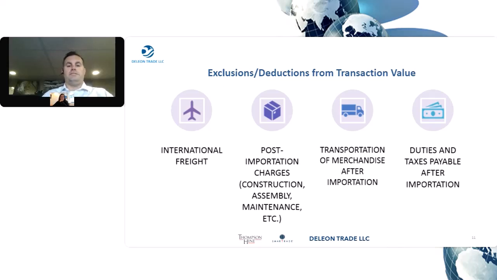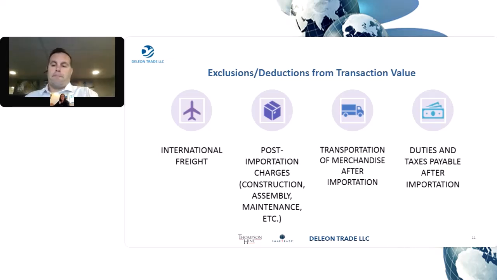We most often see this in project-based imports, where what you're importing is maybe a plant or a gigantic device of some kind, where part of the price includes assembly and maintenance and putting together that piece of equipment in the U.S. after importation. If you can break out those charges separately, you can exclude them from the value because they relate to a service being provided after importation.